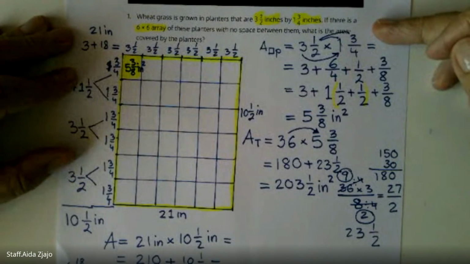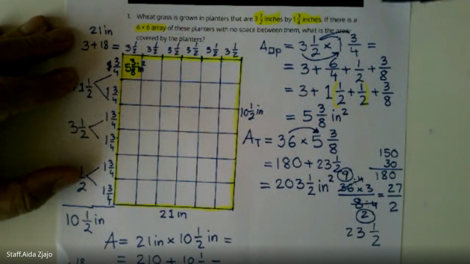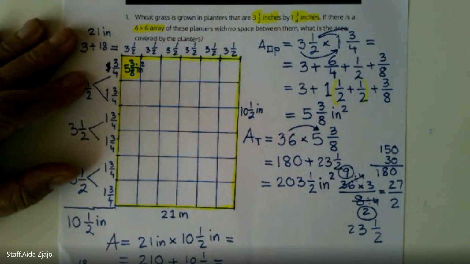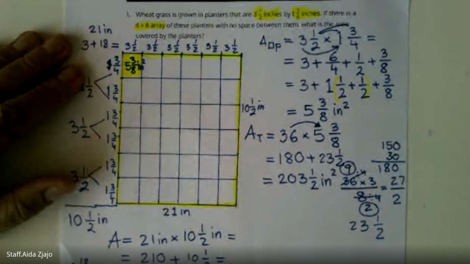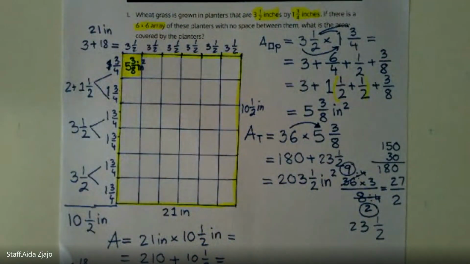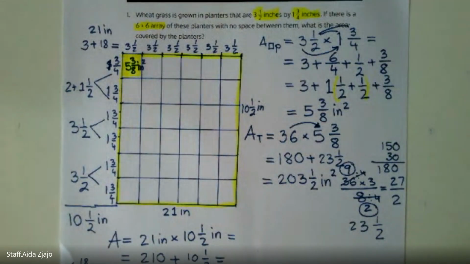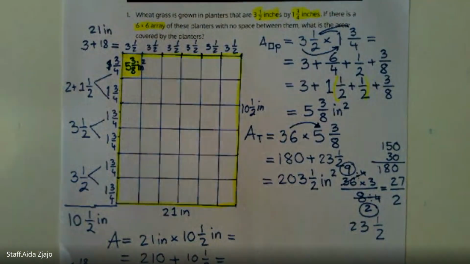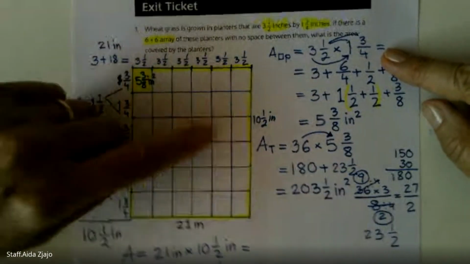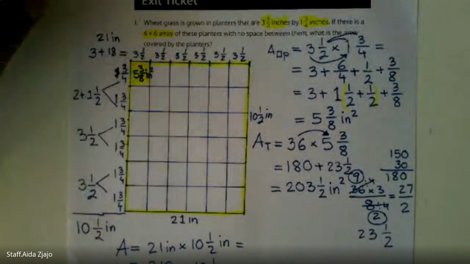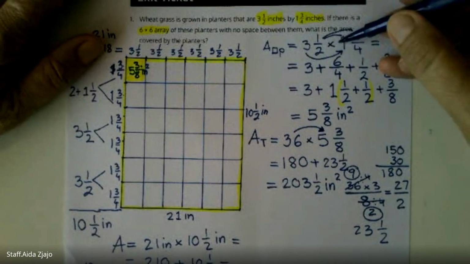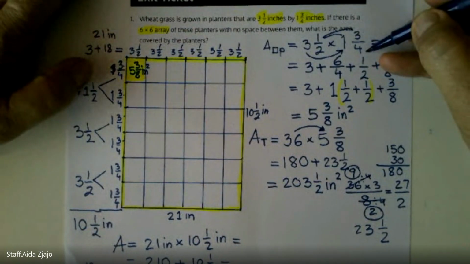I said that you could do the same if you figured out the area of one splinter and multiplied by 36, that would be the answer. So it was 3.5 times 1 3/4.